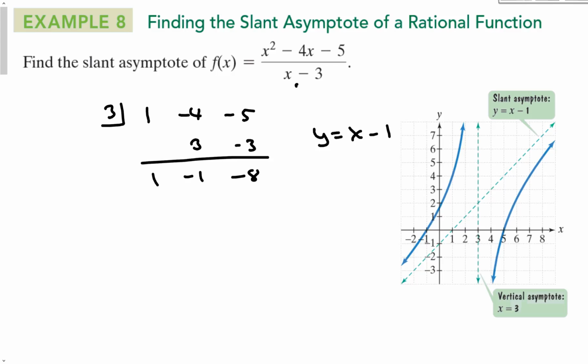What you should know is that the graph will never cross the vertical asymptote, and the ends of the graph will get closer and closer to the slant asymptote. These two are getting closer and closer, as are these two. The middle of the graph is going to either approach infinity or negative infinity.